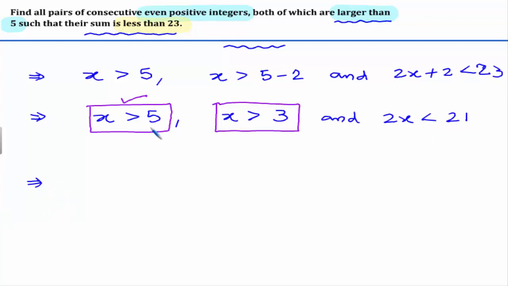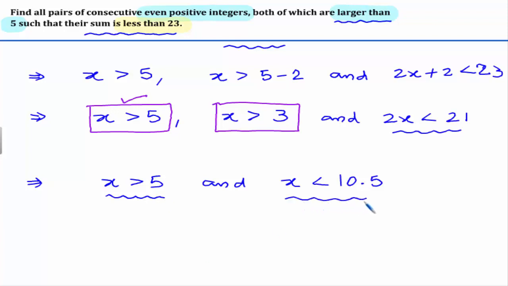And here by dividing both sides by 2, we get x less than 21 by 2, which is 10.5. That means x should be greater than 5 and less than 10.5, and we have to select even positive integers.